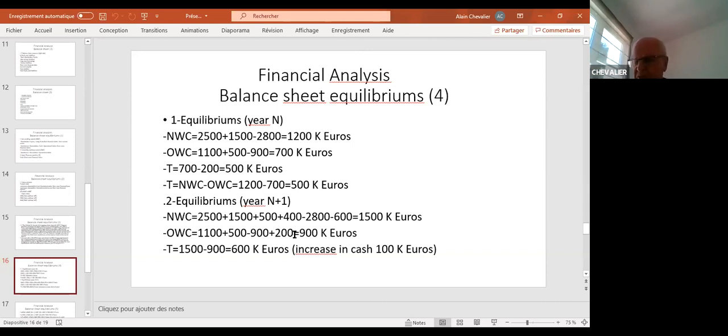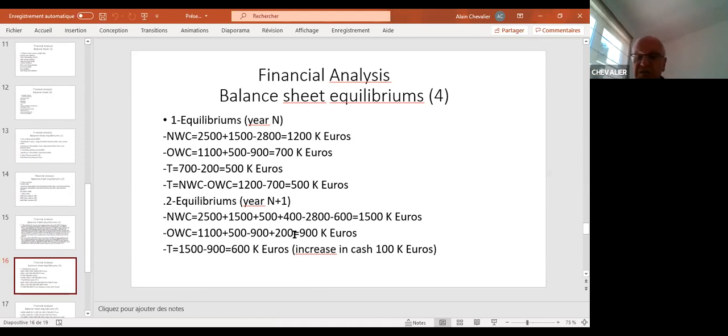The operating working capital increased also because of the increase in inventory, and the increase is 200. But if you compare the increase of net working capital and the increase in the operating working capital, with a difference of 100, you find the 100 in the cash position.